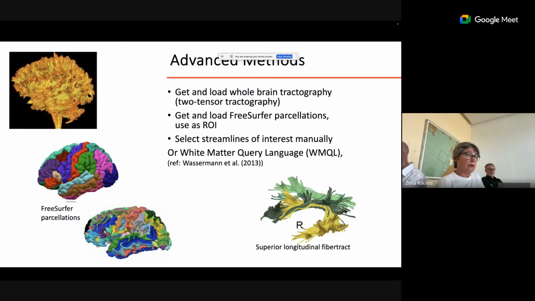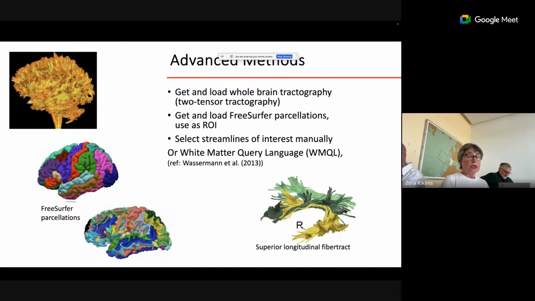This method is also automated. So if there are many more images, it really makes sense to pre-process the data. So what we do, we do the whole brain tractography using two tensor tractography.